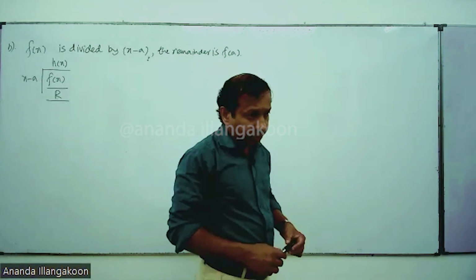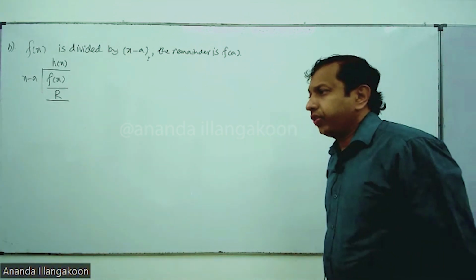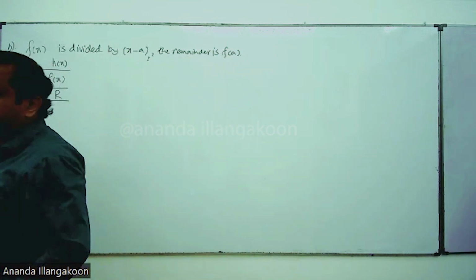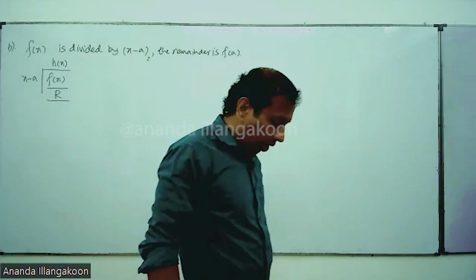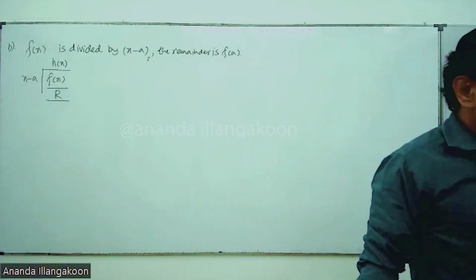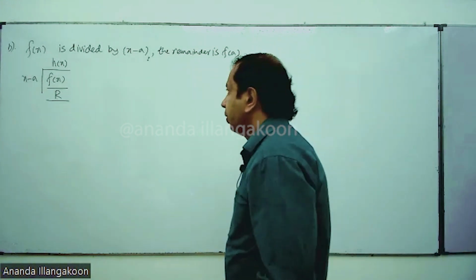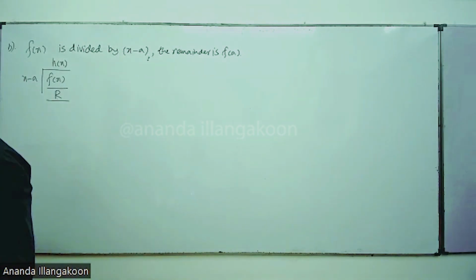Write down like this. Let h(x) and capital R be the quotient and remainder.